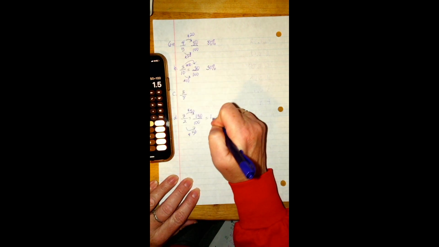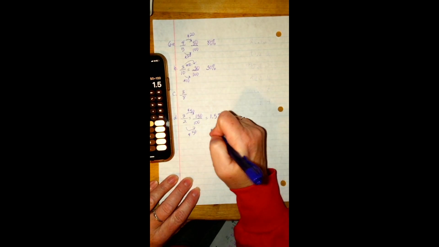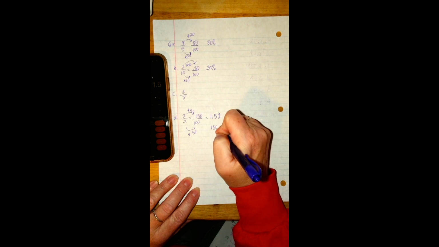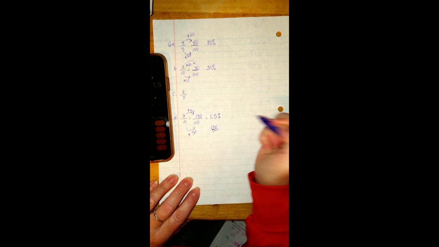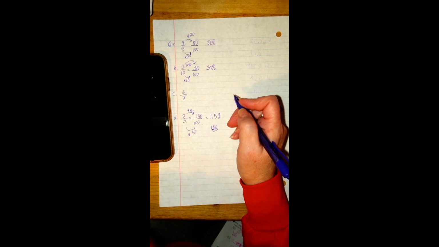So that is 150%. The other way you can think about it is we're moving the decimal 2 places to the left, which is going to put it right there. Dividing by 100 is the same as moving it 2 to the left.